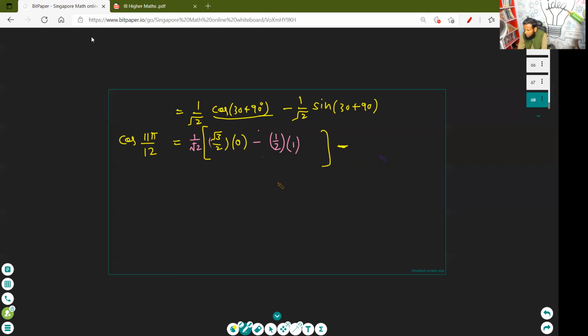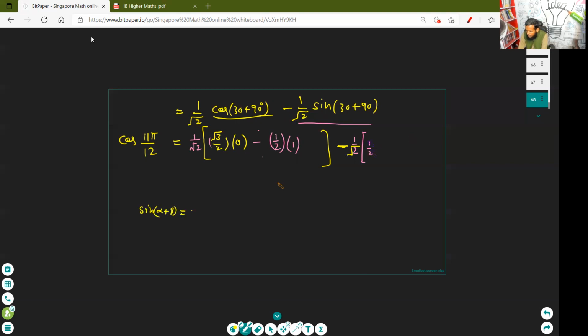Now do this part. So 1/2 under root. There is also sine. Remember the sin alpha plus beta formula. What is the formula?